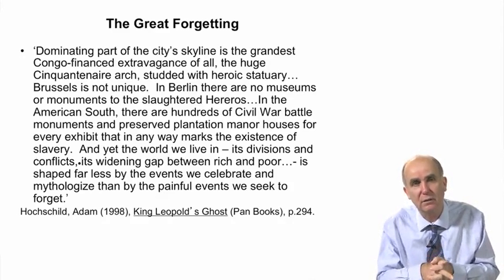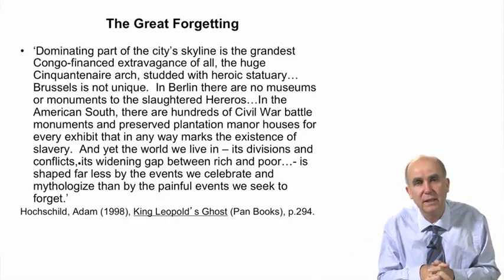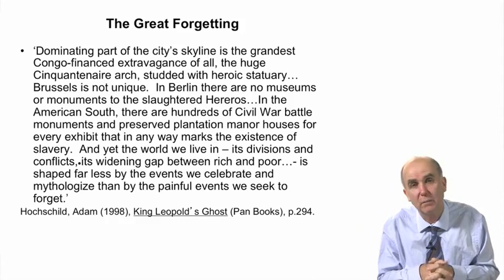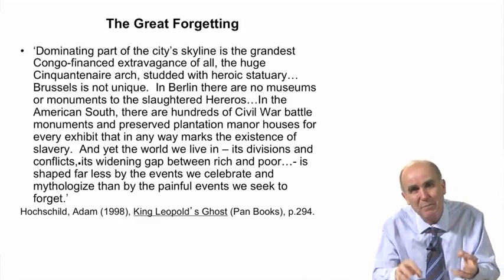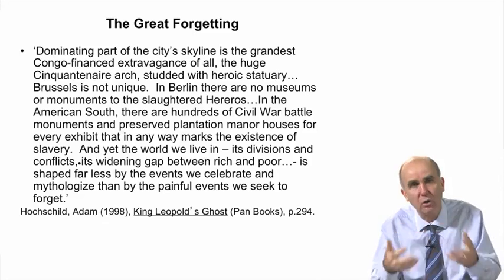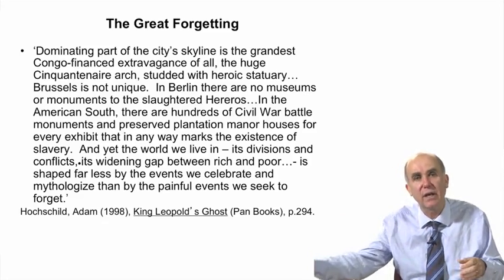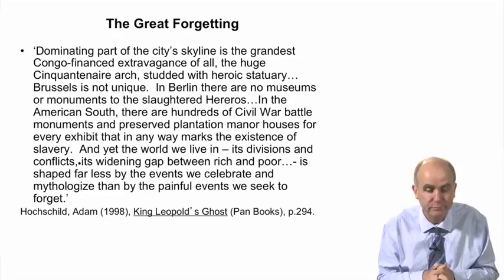But as Hochschild suggests as well, and as we'll see as we move to increasingly examine the economic experience of other parts of the world in the rest of the course, what happened in these areas that Europe colonised has cast a long shadow in terms of their economic performance, for example, in the 20th century.